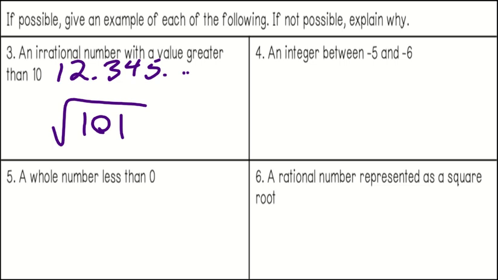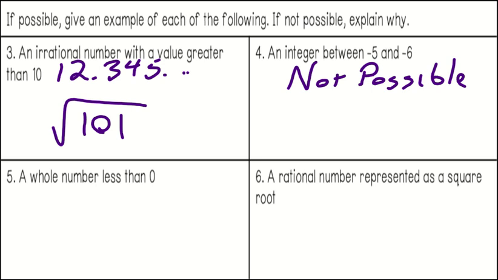There isn't one. So this is one that's not possible. The reason it's not possible, integers are positive or negative whole numbers. So -5 is an integer, -6 is an integer, but in between them, there is no integer. It's only fractions and decimals.